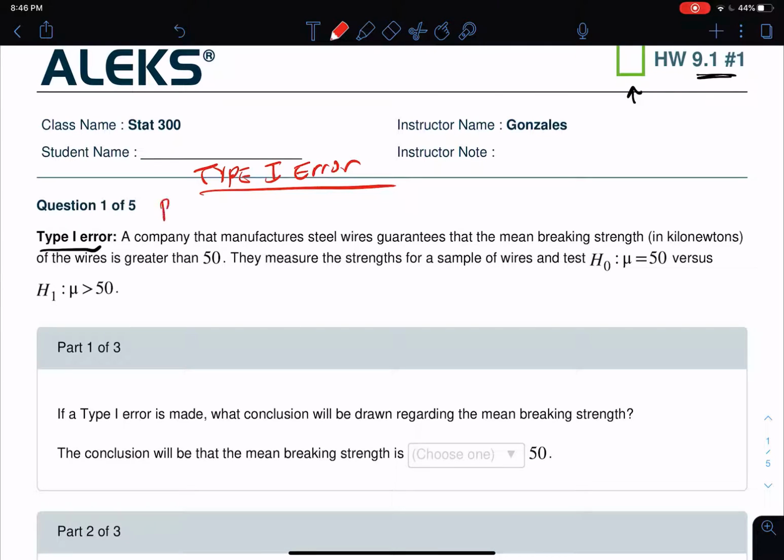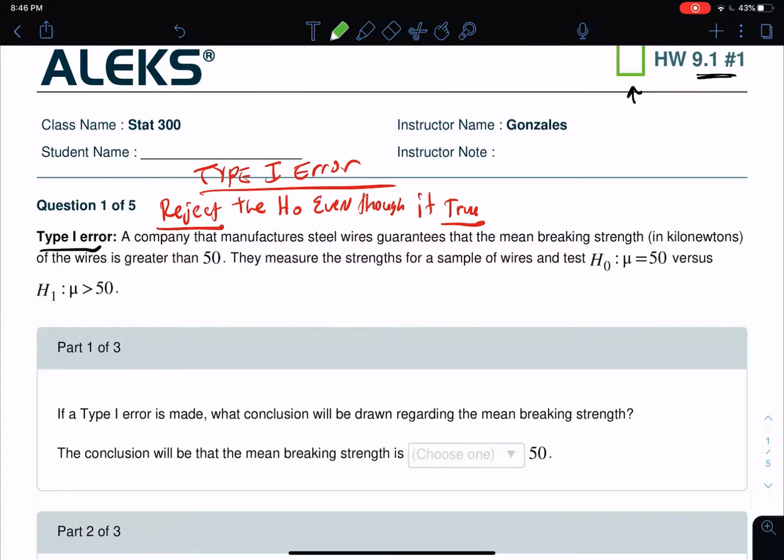A type 1 error is when you reject the null hypothesis, even though it's true. So you rejected something that was true. That's an error.